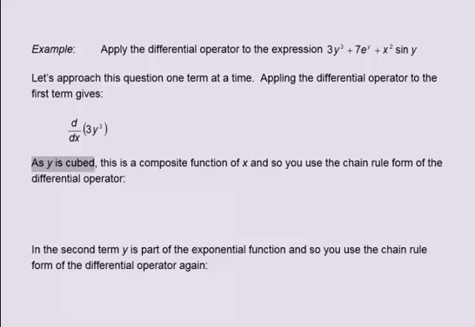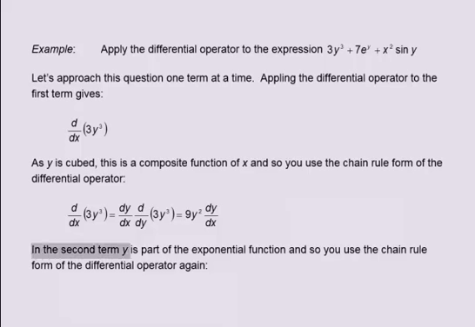As y is cubed, this is a composite function of x, and so you use the chain rule form of the differential operator. d by dx of 3y cubed equals dy by dx multiplied by d by dy of 3y cubed, which equals 9y squared multiplied by dy by dx.